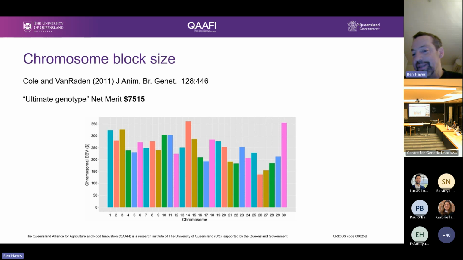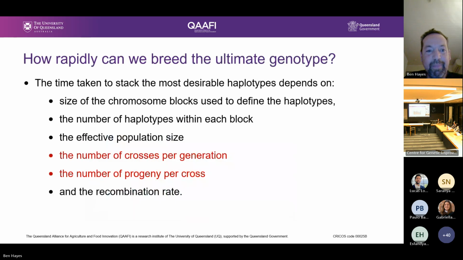So people do this in different ways, but a practical size to stack turns out to be about 1/4 of a chromosome. If you make the blocks too small, it just takes a very, very long time to stack up all the best blocks.